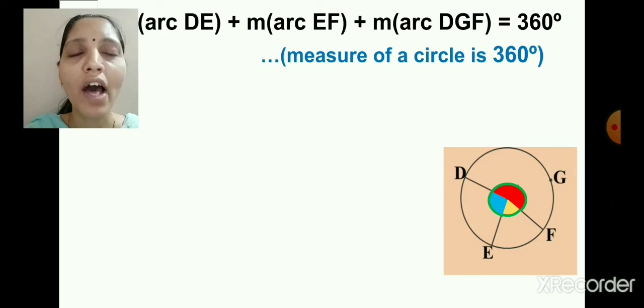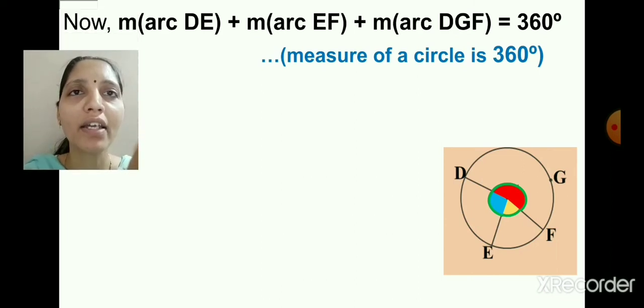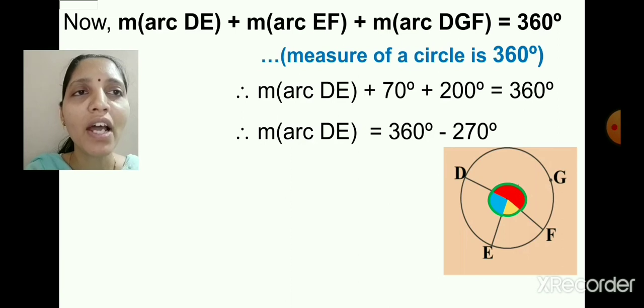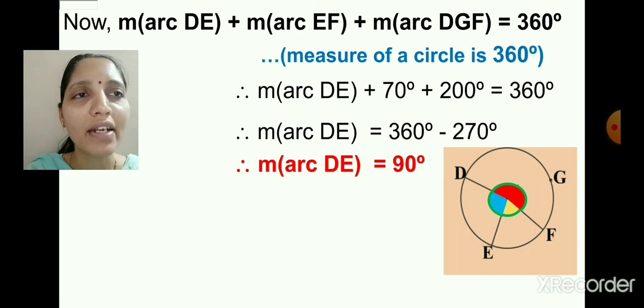Measure of arc DE plus measure of arc EF plus measure of arc DGF is equal to 360 degree. Write the reason as measure of a circle is 360 degree. Therefore, now substitute the values. Arc DE plus 70 degree plus 200 degree is equal to 360 degree. Therefore, arc DE is equal to 360 degree minus 270 degree, that is equal to 90 degree. So here we got arc DE as 90 degree.